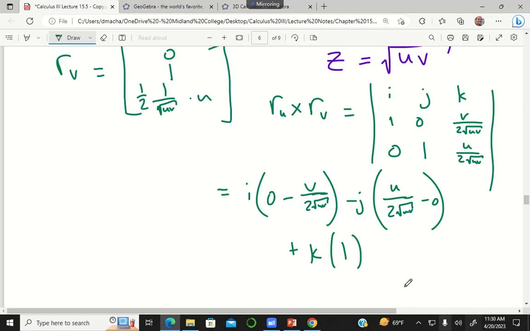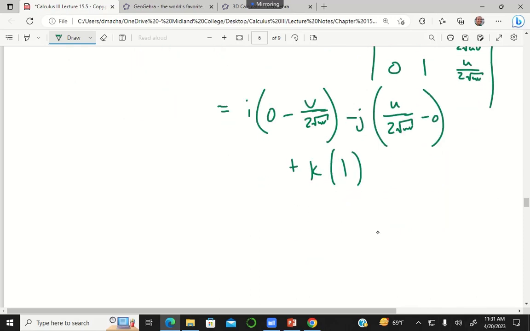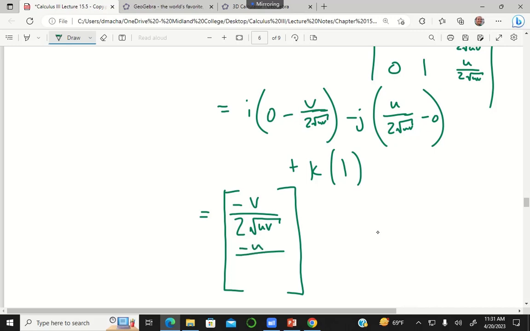So this cross product, if I write it out in column form, has first entry negative v over 2 square root uv, second entry negative u over 2 square root uv, and then last entry 1.